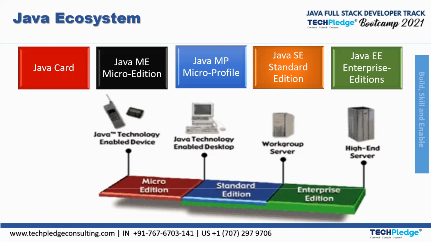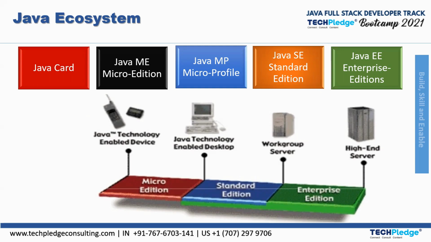Now suppose you want to build a website of your own, an e-commerce website. In that case, we'll be using the Enterprise Edition. The Enterprise Edition has facilities in which multiple modules can be run simultaneously. Suppose in an e-commerce site, you have a payment module, a customer module, and an order module.